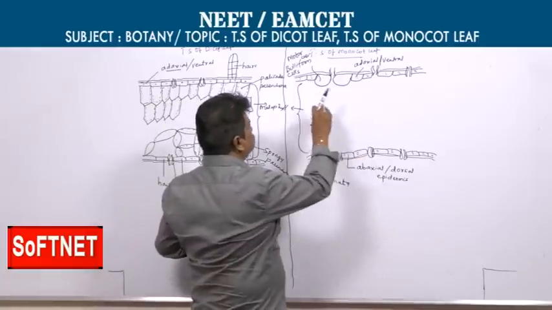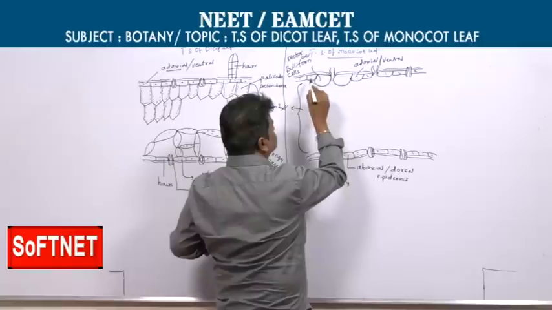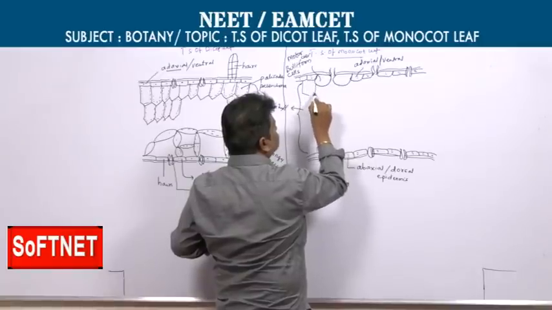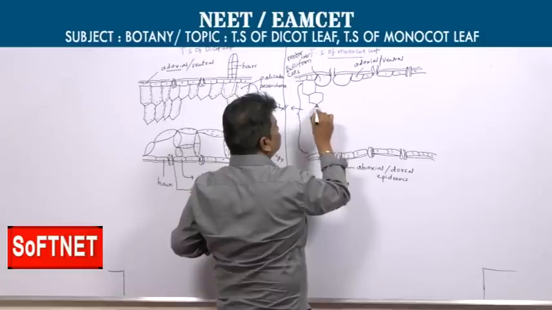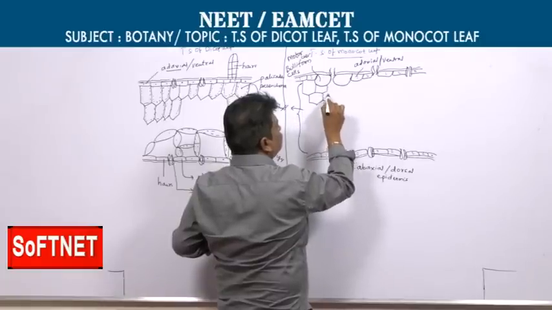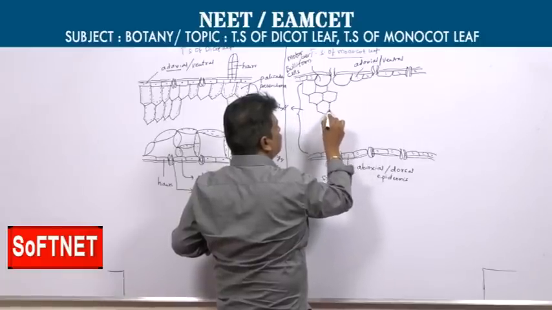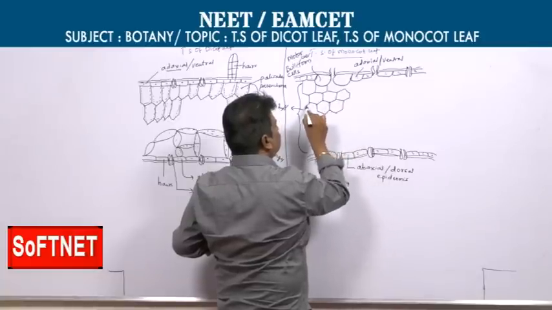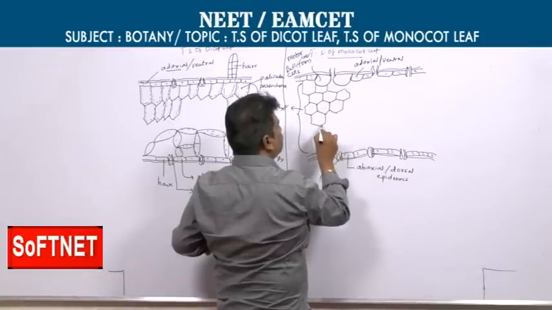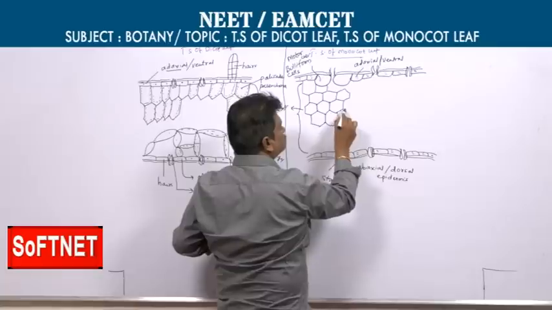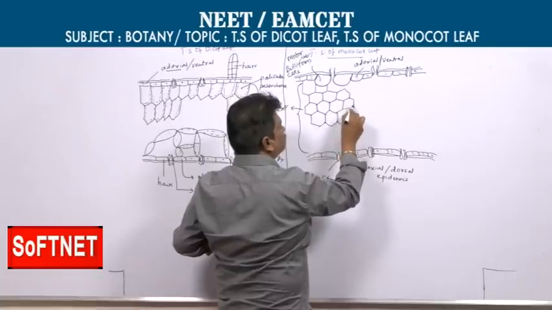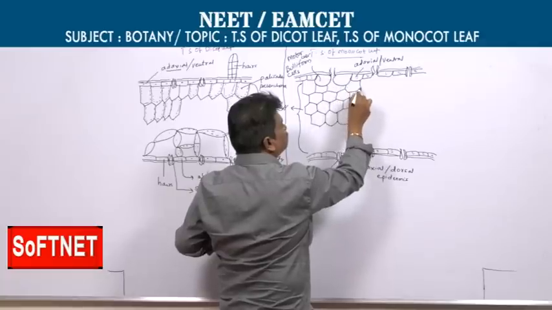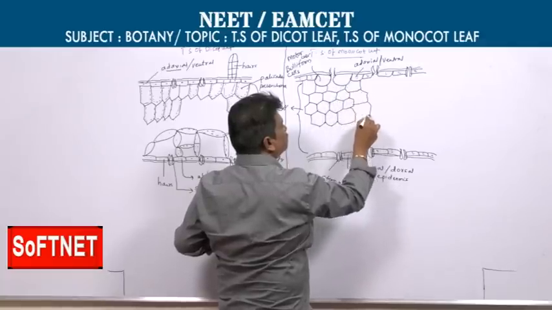Then in monocots, there is mesophyll between upper and lower epidermis, but in monocot leaf, the entire mesophyll has the same type of cells. It means mesophyll is undifferentiated.